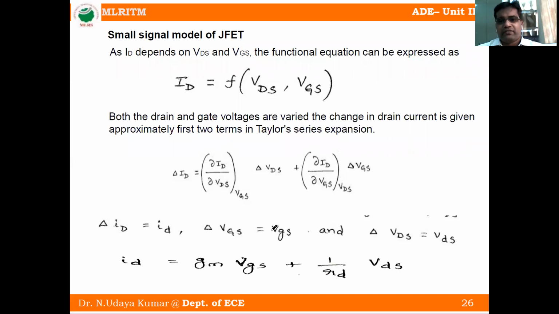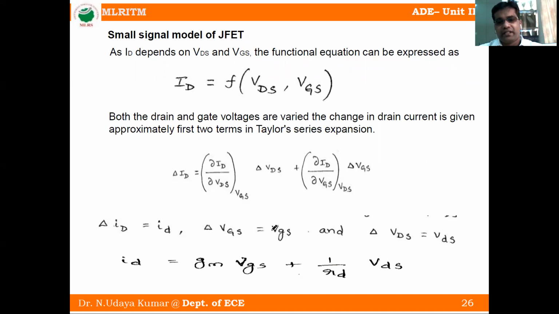The functional equation can be written as ID is equal to F of VDS comma VGS. That means drain current is a function of drain to source voltage and gate to source voltage. Both the drain and gate voltages are varied, that means VDS and VGS are varied.